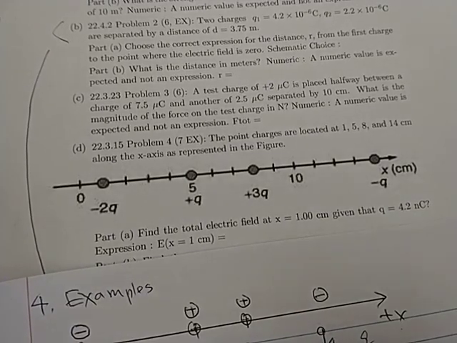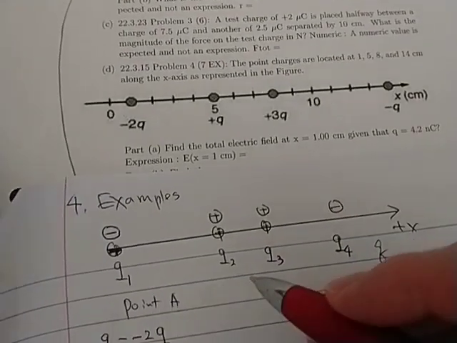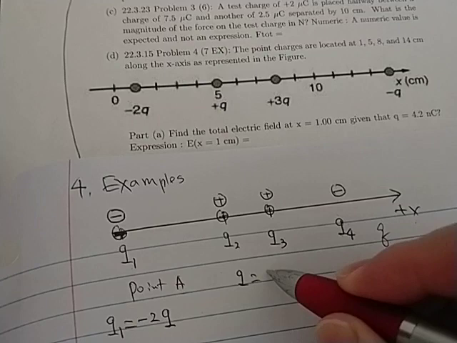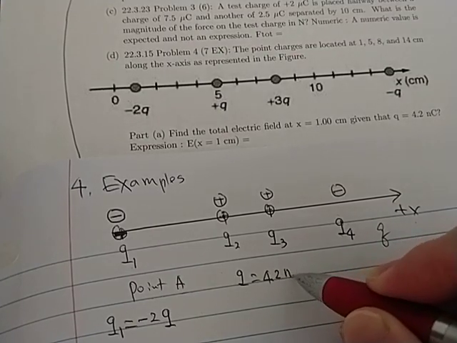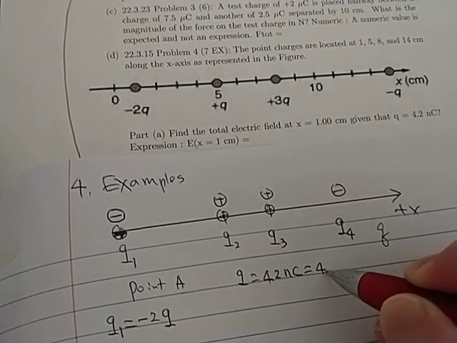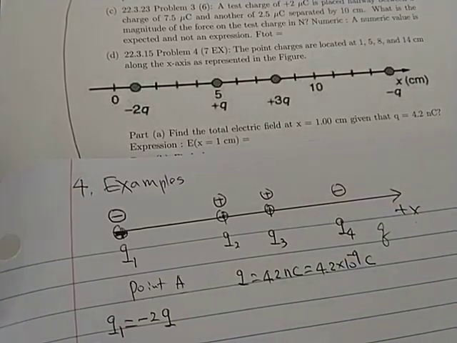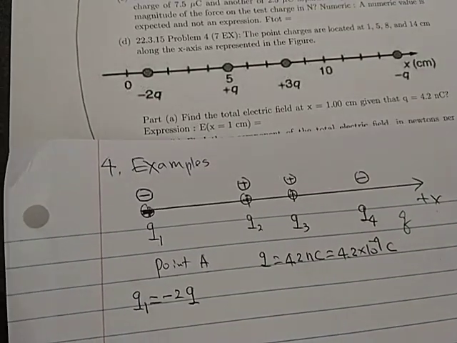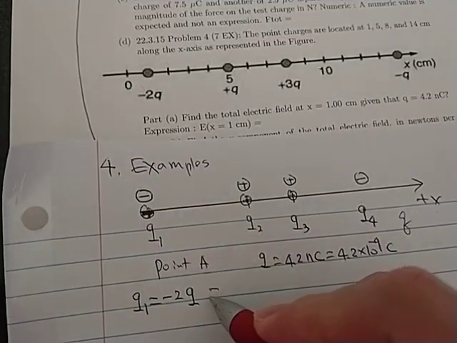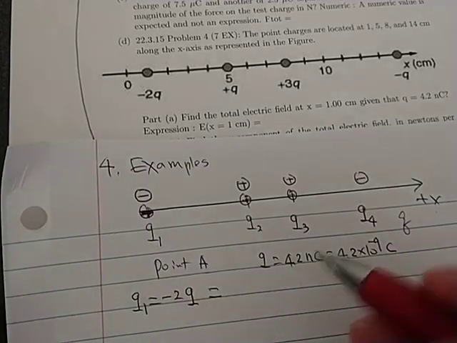So what I need to do is write this down here, 4.2 nanocoulombs, and I convert to the SI unit immediately. Nano is just 10 to the negative 9, so that's what I wrote down. So I could plug it in immediately. That should be easy.